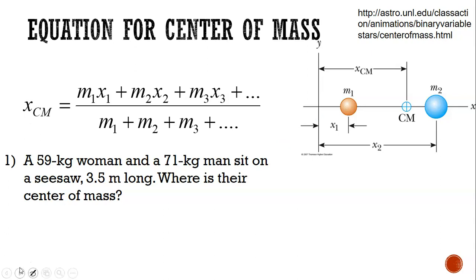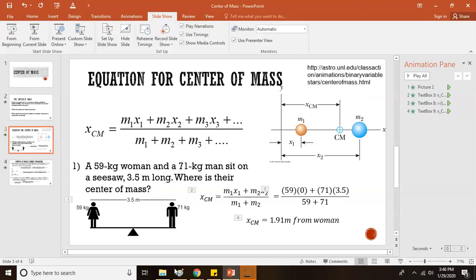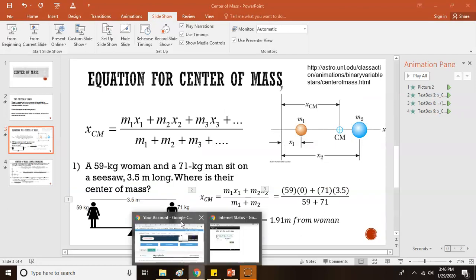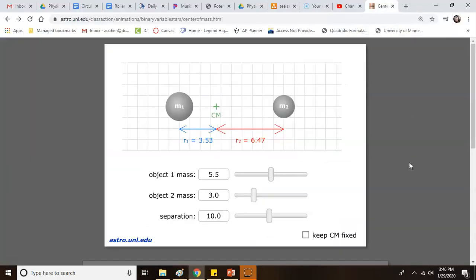So let's take a closer look at the center of mass. So this mass, M1, is bigger than this mass, M2. And the center of mass is closer to this one.